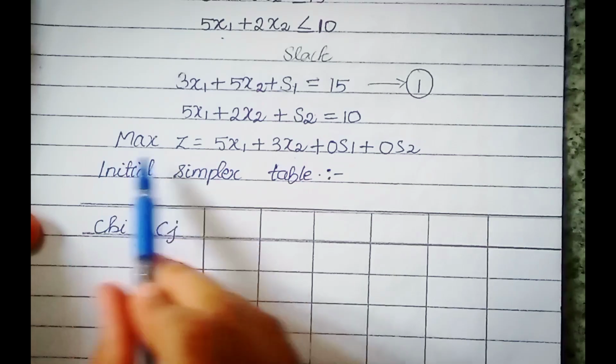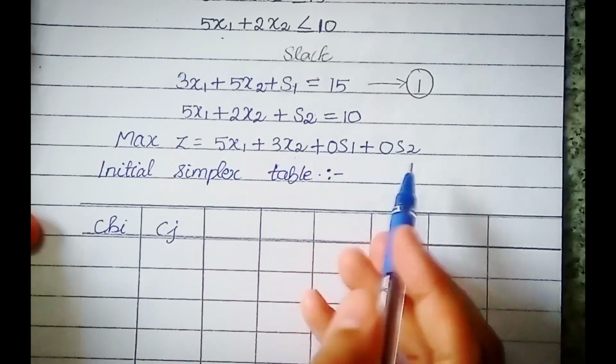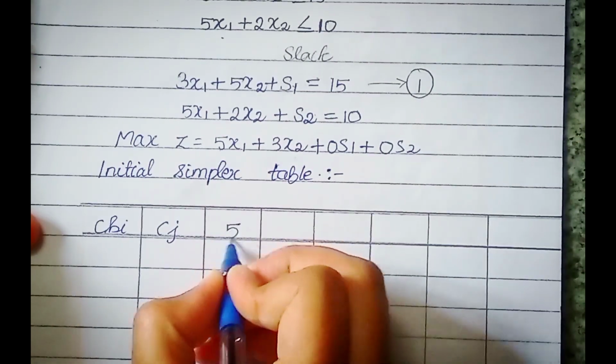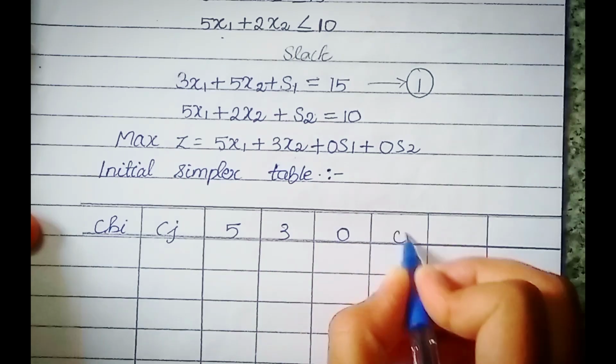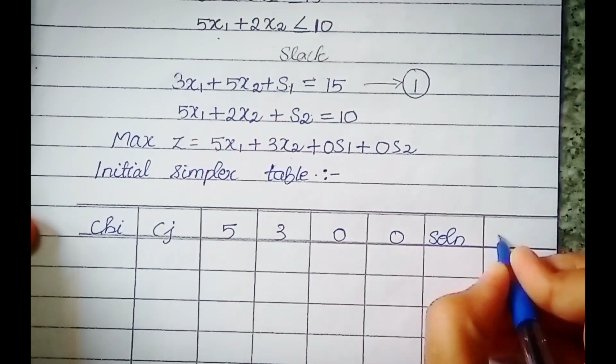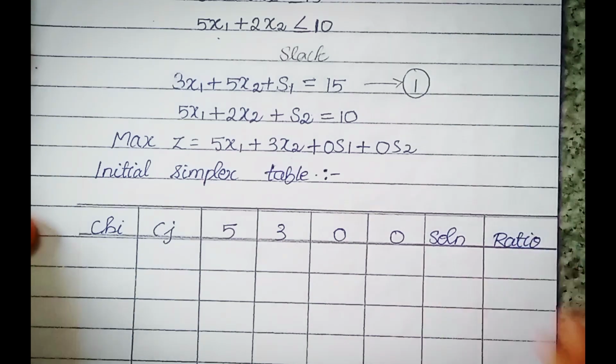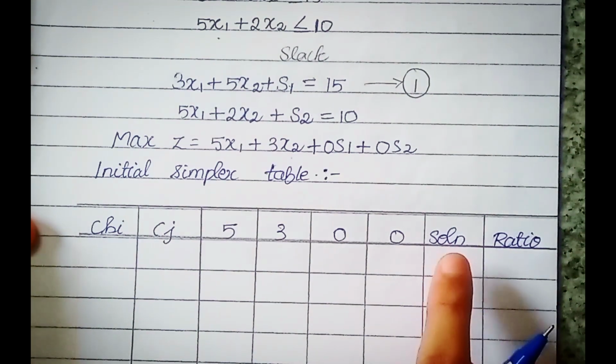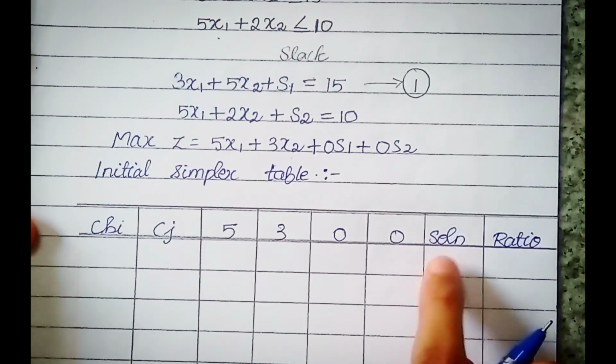So these 5, 3, 0 and 0 will be written here. Then the solution and ratio. I have written it in a short form. You should write the full term.